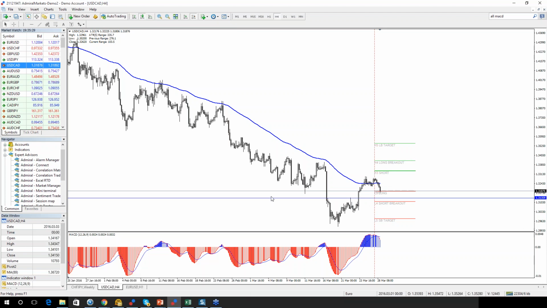So pay attention. I could get this a bit lower to L4 like this. See? And also pay attention to this region here.